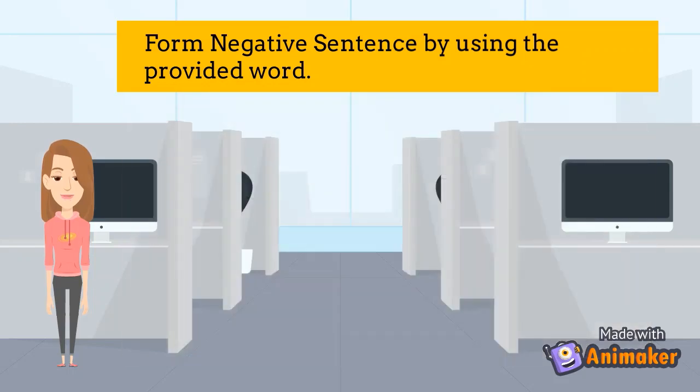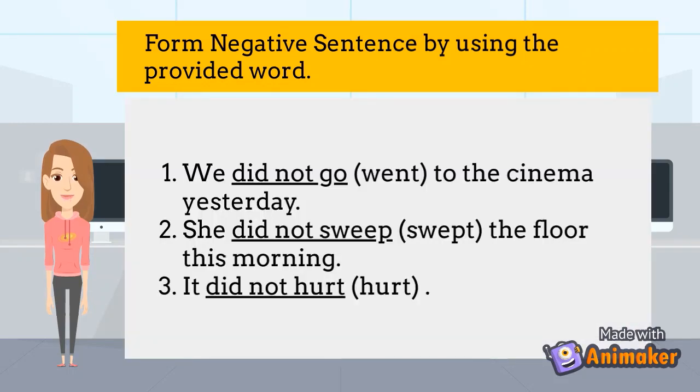Are you done? Let's discuss the answer together. Number 1, we went to the cinema yesterday. So to form negative sentence, we didn't go to the cinema yesterday. Or we did not go to the cinema yesterday.